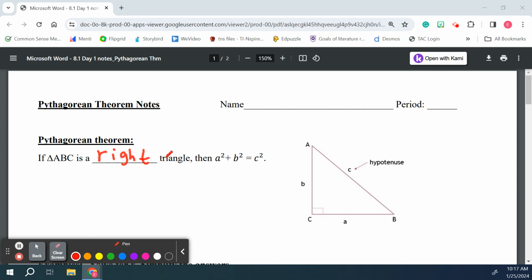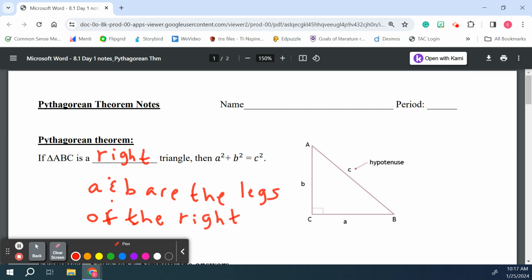All right, so just some things you need to be aware of. First off, a and b are called the legs of a triangle. And c is the hypotenuse.